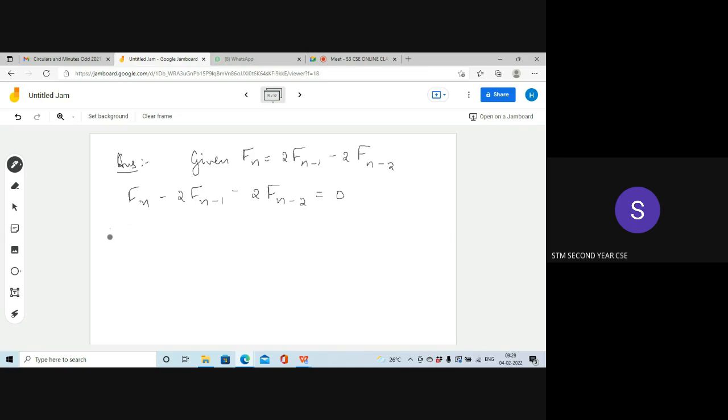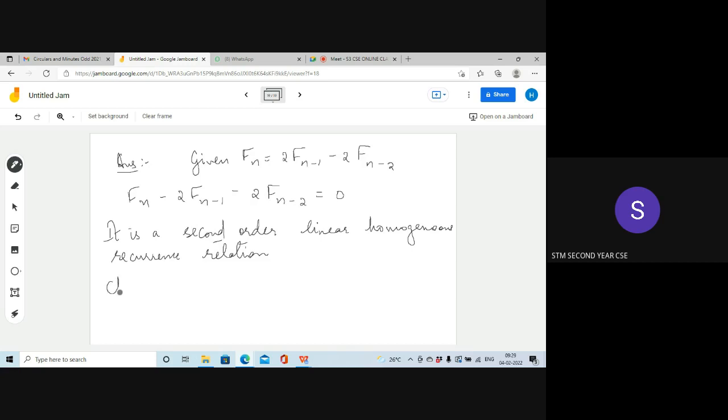Very good. It is a second order linear homogeneous recurrence relation: linear since the coefficients are constants, homogeneous because the right hand side is 0. Since it is second order, you will have two roots.